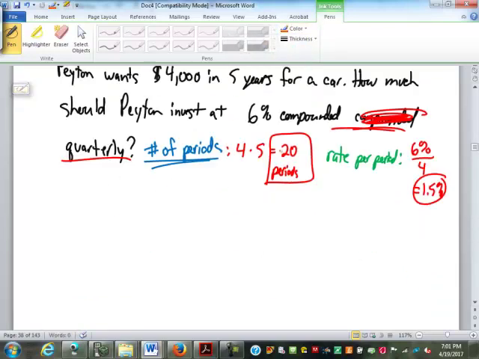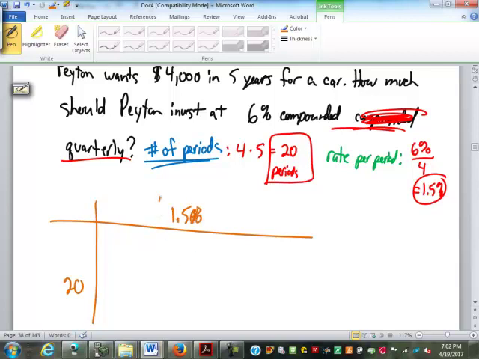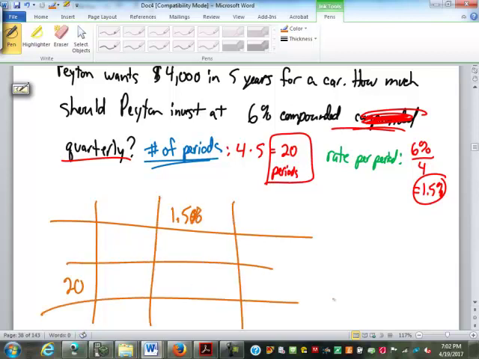So in the mighty table, we go to 20 periods over here, 1.5% up here. We find a factor of 0.74247.